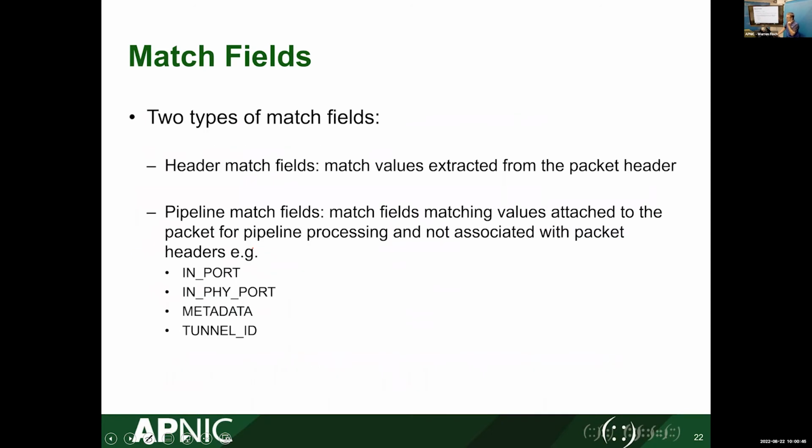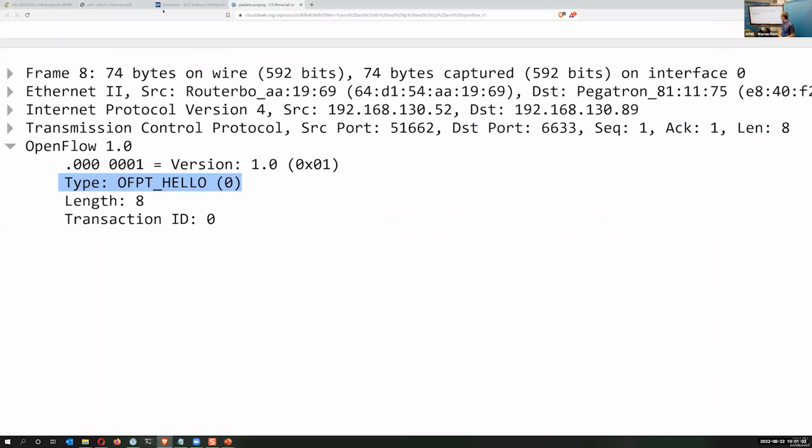I might actually stop there and get everyone to log into the lab environment just to make sure that we've got access to it, and we'll start building it out. So this will make sense once we've done the hands-on component. So can I get everyone to go to the wiki page?